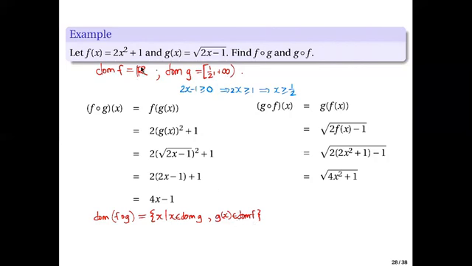We don't have any problem with that. Because the domain of F is the real numbers. If you get your x from this interval, g of x will just be a real number. And therefore, this part here is always true. Which means, in here, this is just 1/2 up to plus infinity. That's the domain of F circle G.